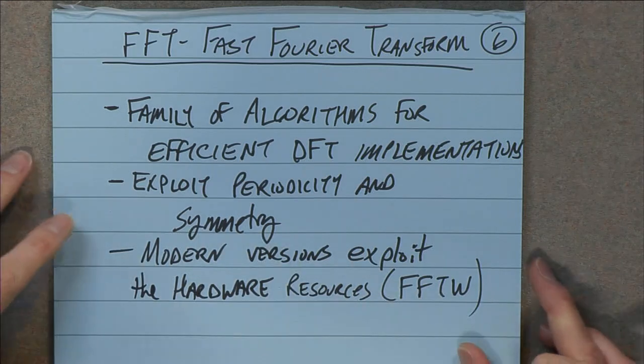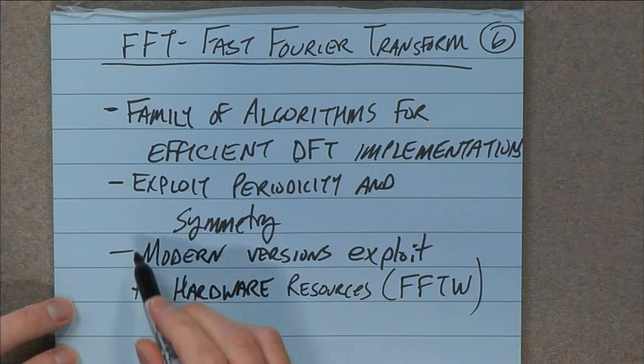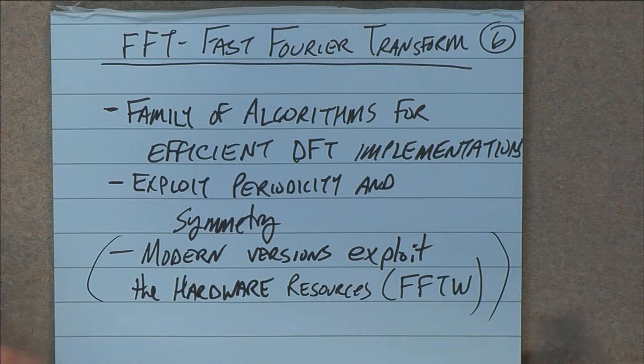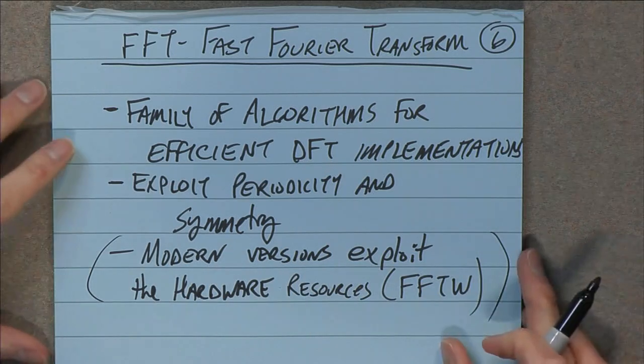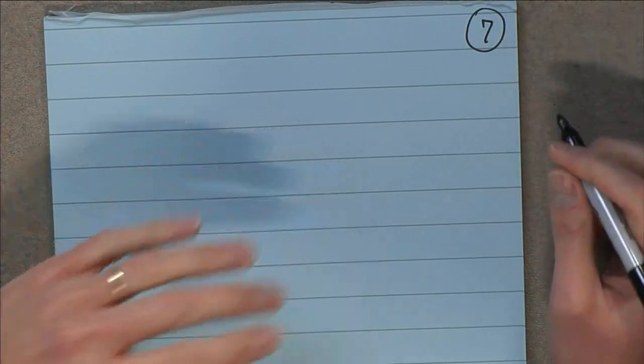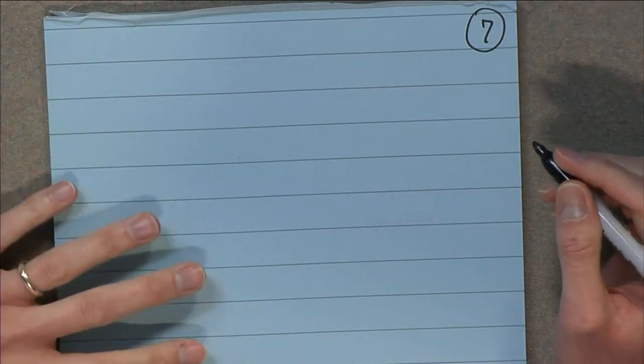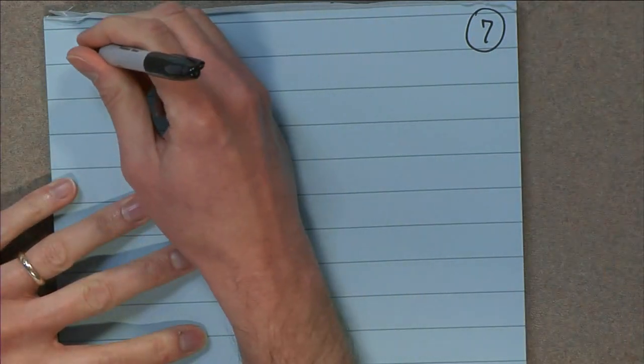So what we're going to do is skip this part here, because that's very application dependent. What hardware resources do you have? And just look at the beginnings of how all this started and the things that I think are the big takeaways. So we're going to look at two algorithms in detail: decimation in time and decimation in frequency.